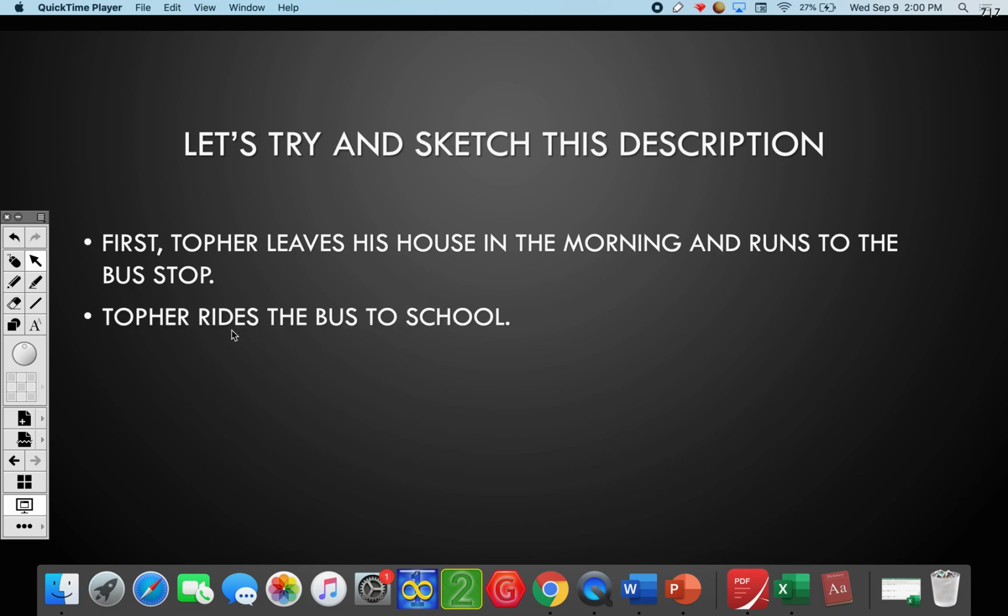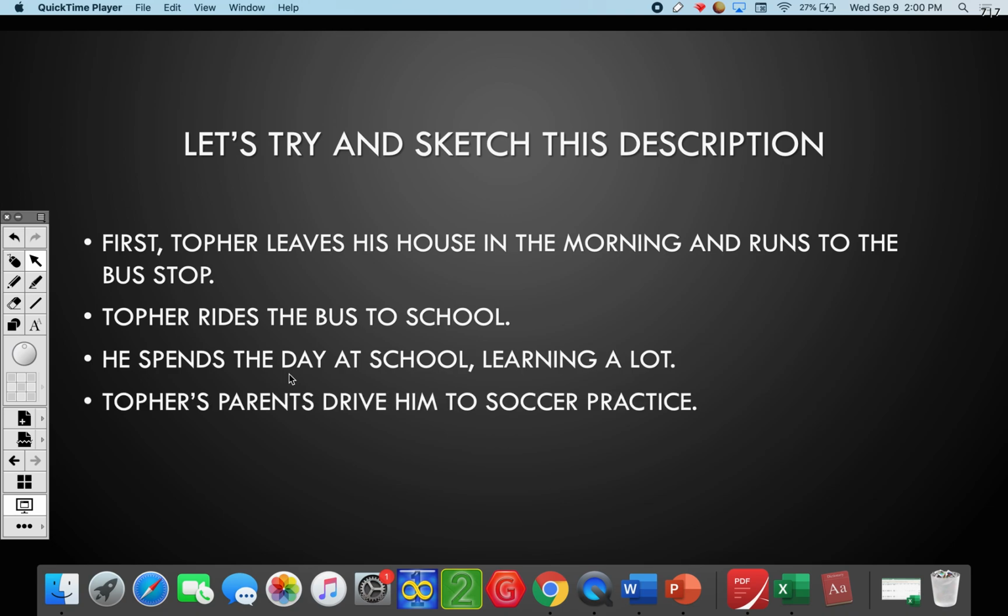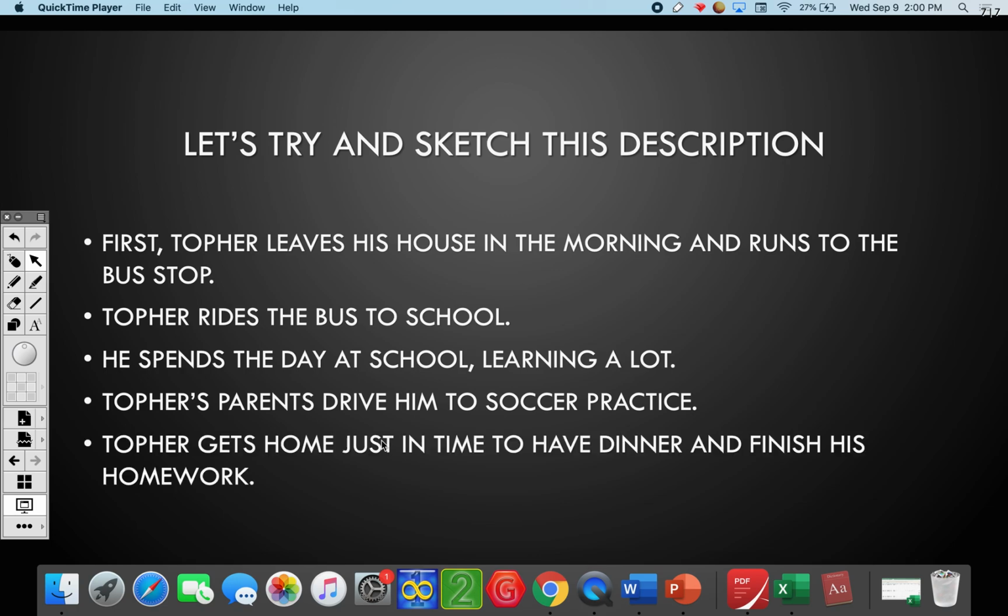And then riding the bus to school. Spending the day at school learning a lot. Topher's parents then drive him to soccer practice. And then Topher gets home just in time to have dinner and finish his homework.